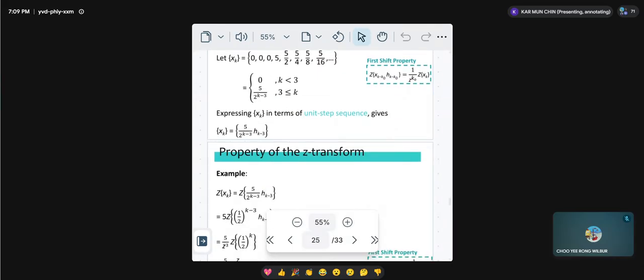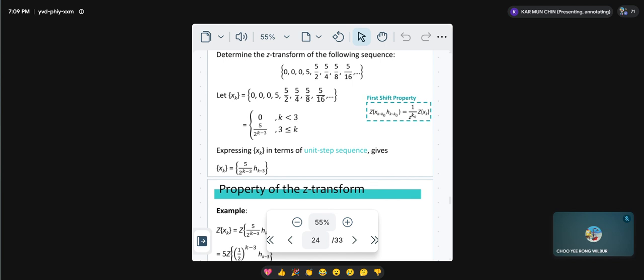Then you can write out the expressions. Because for k minus 3, you know that it's actually a shifting sequence, right? So it'll be 5 over 2 to the power of k minus 3 times h of k minus 3. So this is the shifting part.